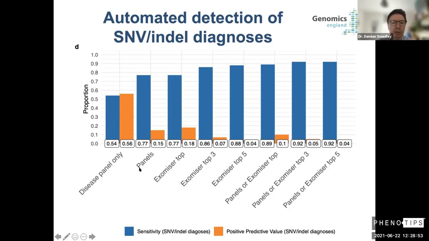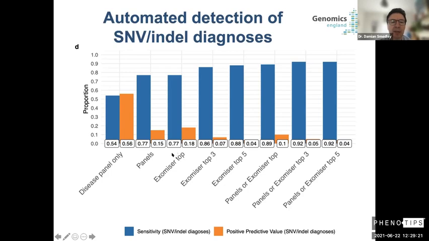When we look at all the applied panels, which includes the extra panels added to each case based on the HPO terms, it increases to 77%. And then the precision, or positive predictive value, is some 15%. This means 15% of the variants that are detected actually led to a diagnosis, which is pretty reasonable. But using Exomiser, the performance is similar when you're looking at the top ranked Exomiser candidate.